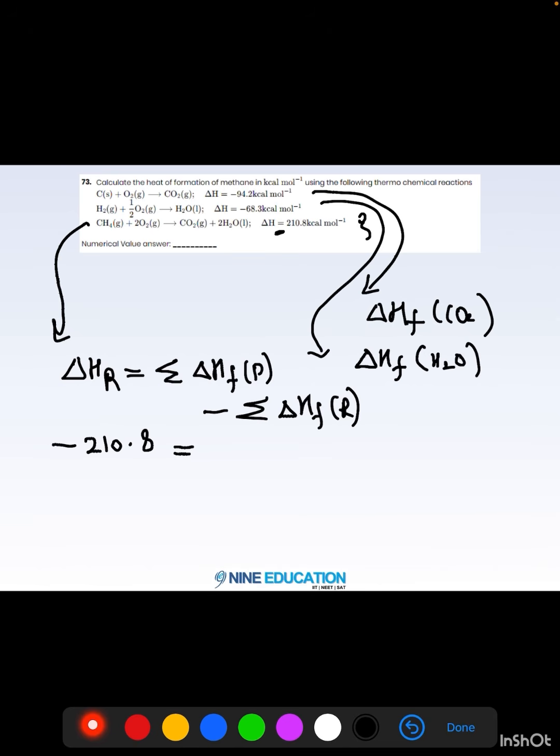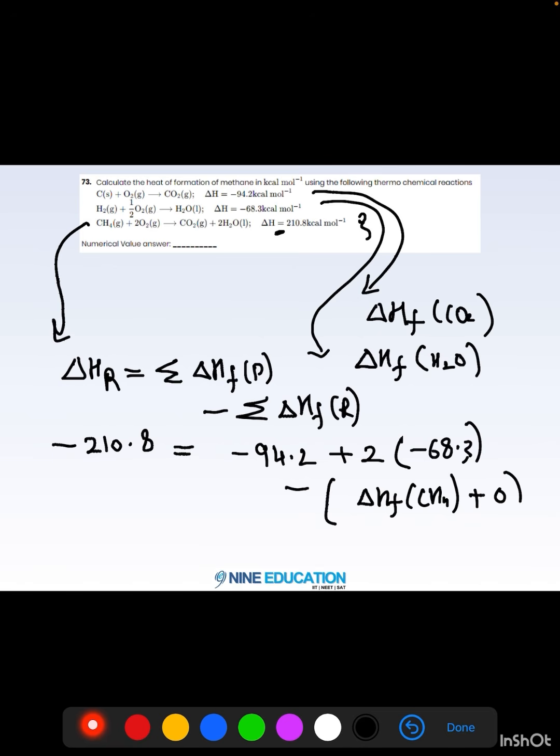Delta H formation of products means CO2 plus water: for CO2 we have minus 94.2, and for water 2 multiplied by minus 68.3, minus delta HF of the reactants, which is delta HF of CH4 plus O2, which will be 0.